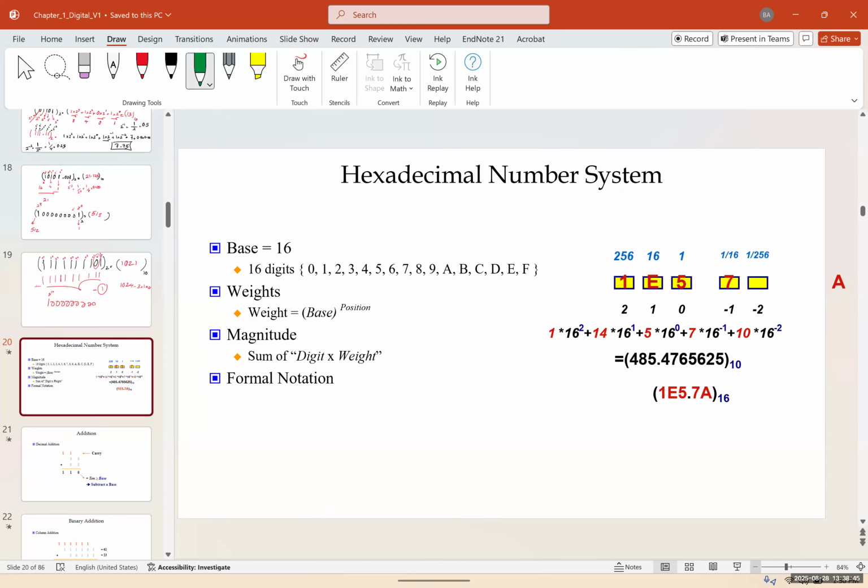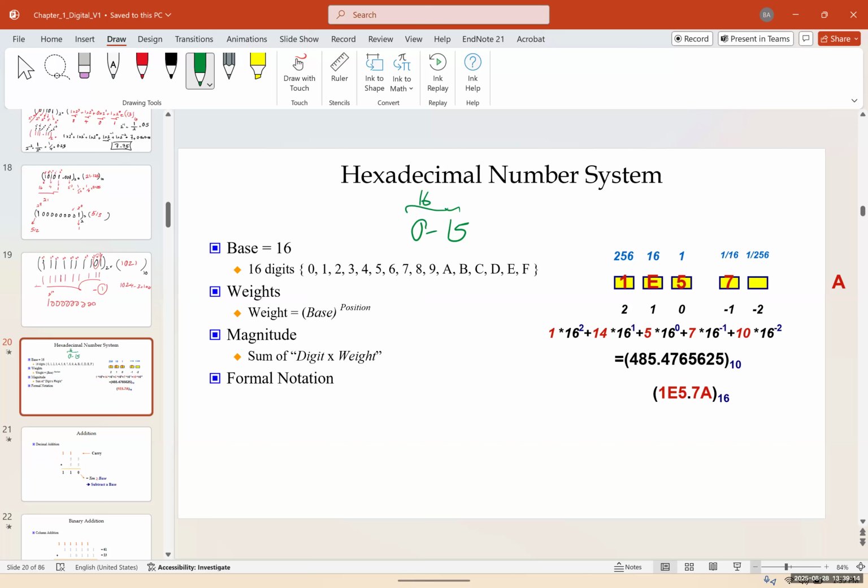So we learned about decimal, octal, binary. Now another very important number system in digital systems is the hexadecimal number. Hexadecimal is in base 16 and we have 16 digits. The numbers are between 0 and 15, which makes up 16 digits.